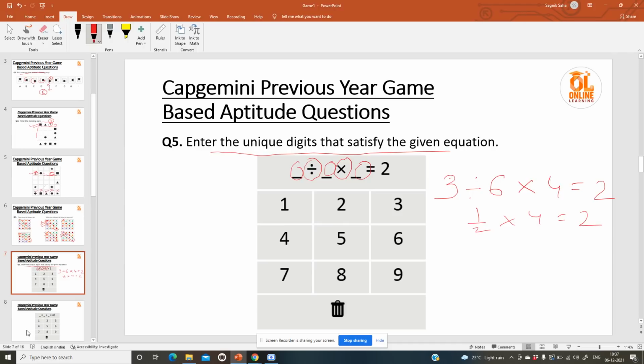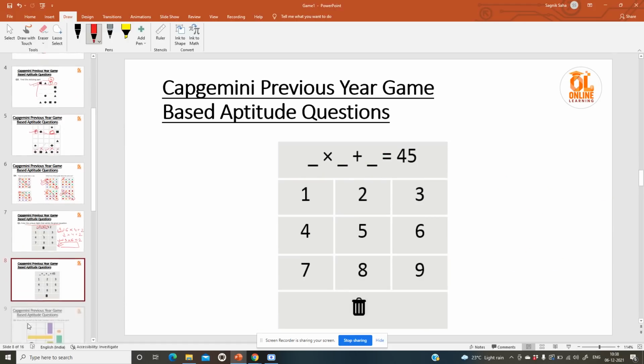We can also do it by 1 divided by 3 and 6 is equal to 2. We can have more than one answer. So if you find other answers other than this, please comment it in the comment section. Now move to the next question.